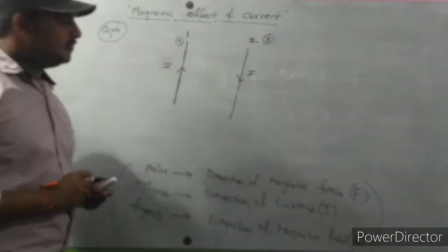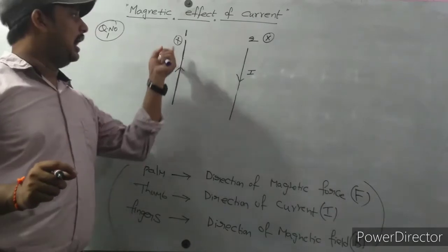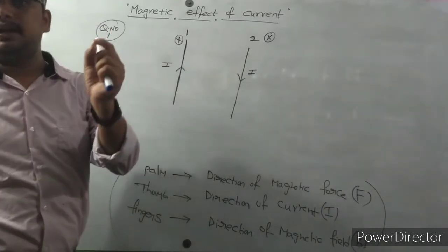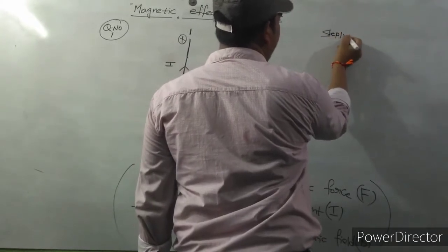Dear student, first of all, the first step is based upon current. I found here the direction of magnetic field. What is step 1 here?